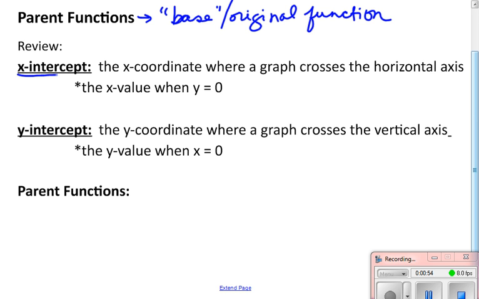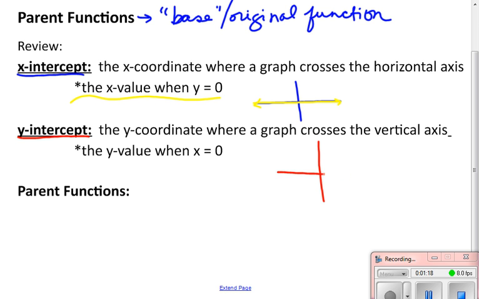Remember, the X intercept is where a graph crosses the horizontal axis. Okay, so when you have a graph, that X intercept is somewhere along here. And we find what the X value is when we let Y equal 0. Another important line or point is the y-intercept.